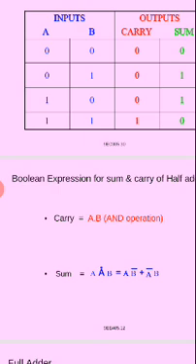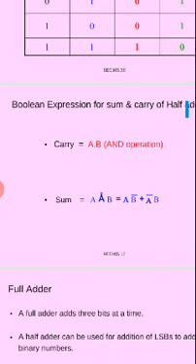The operation in between A and B is AND operation. Sum equal to A exclusive OR B, that equals A B bar plus A bar B.